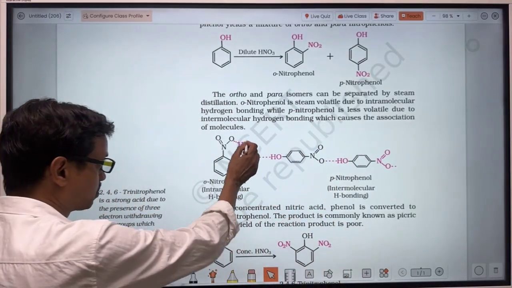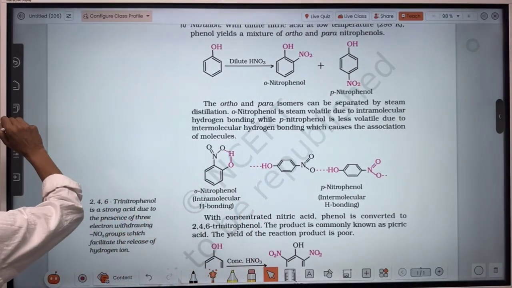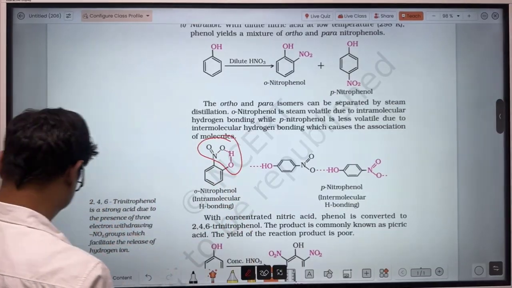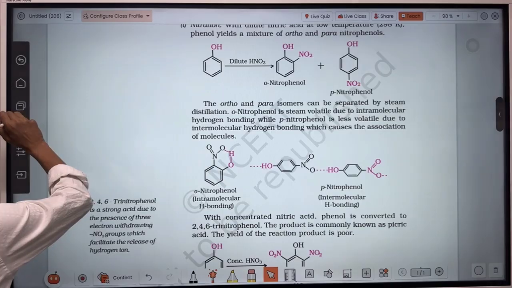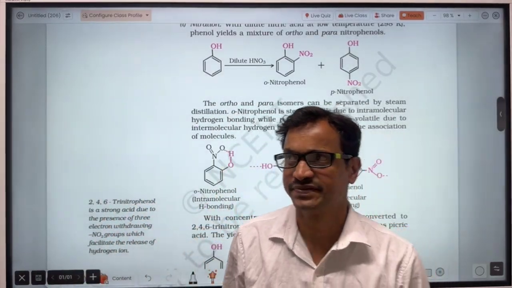Why? Because in the case of orthonitrophenol, there will be intramolecular hydrogen bonding. What is the meaning of intramolecular hydrogen bonding? That means hydrogen bonding will take place within the molecule.